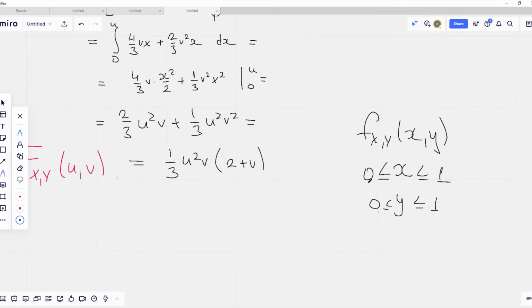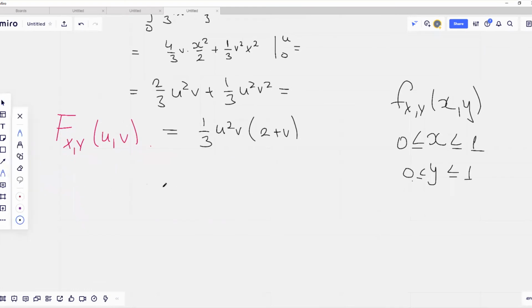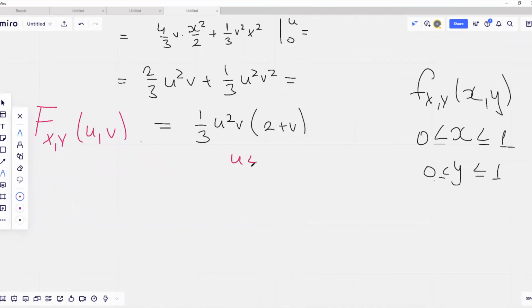Now outside of this box here, our PDF is equal to 0. So our CDF will be equal to this function in interval for u from 0 to 1 and y or v from 0 to 1.